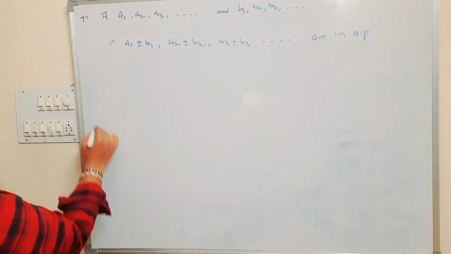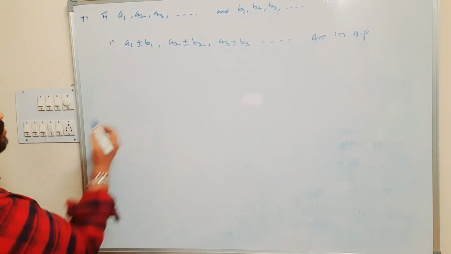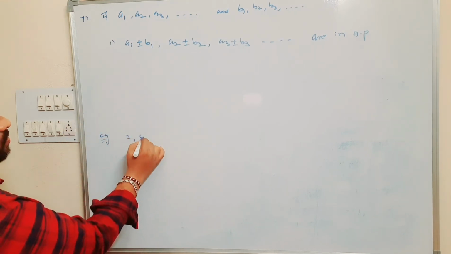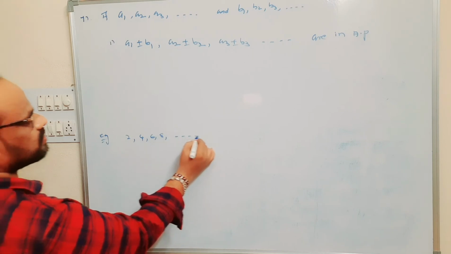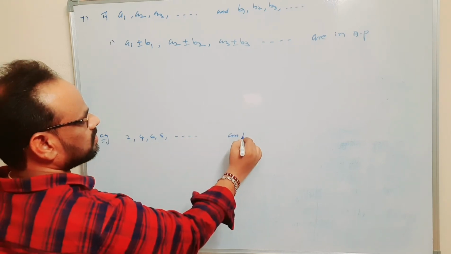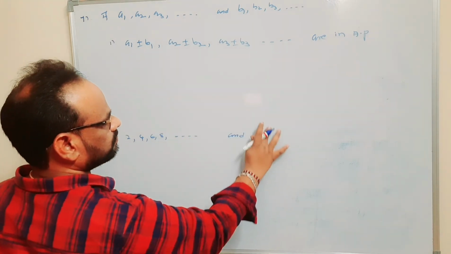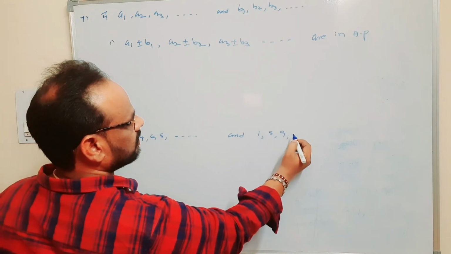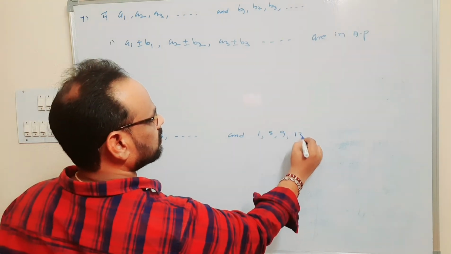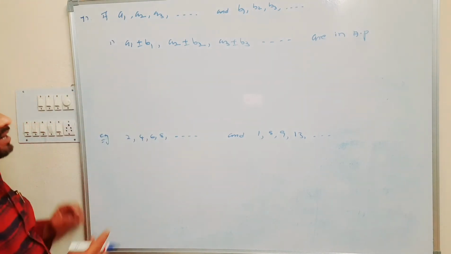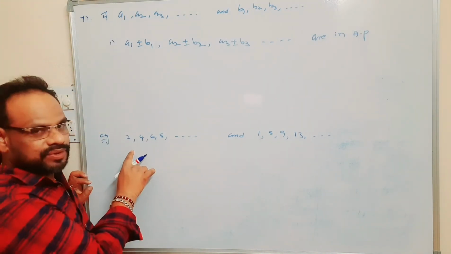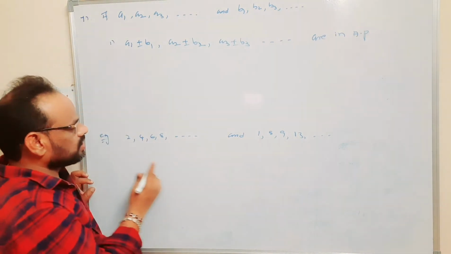Take one example. Take 2, 4, 6, 8 and so on, and 1, 5, 9, 13 and so on. Take two arithmetic progressions. Their sum, 2 plus 1, or difference 2 minus 1.